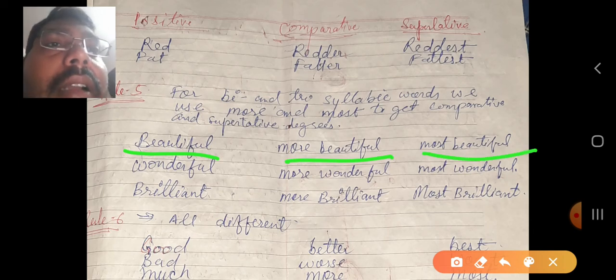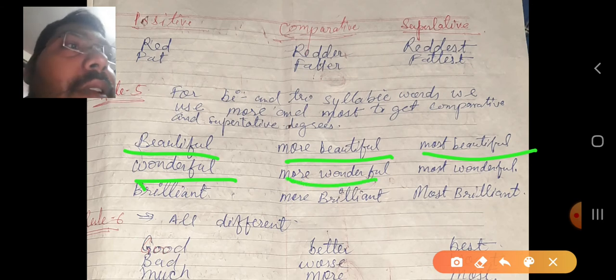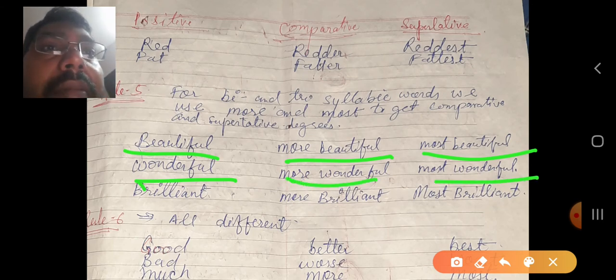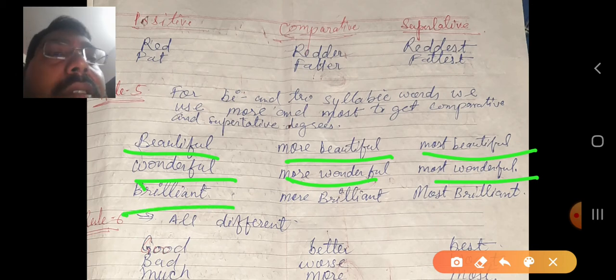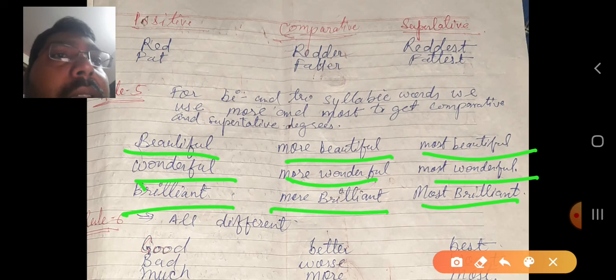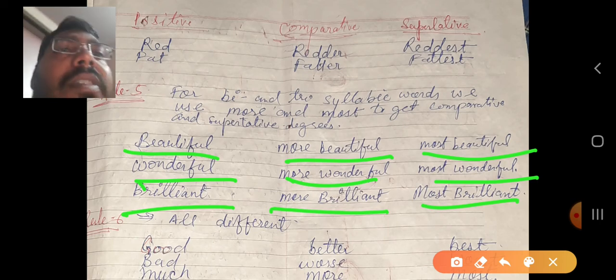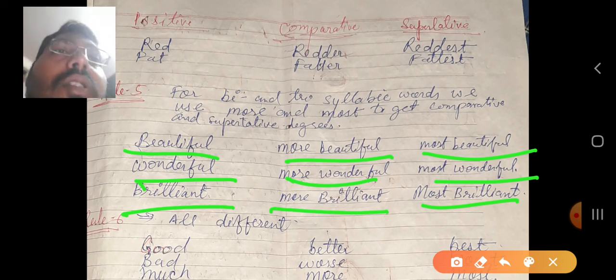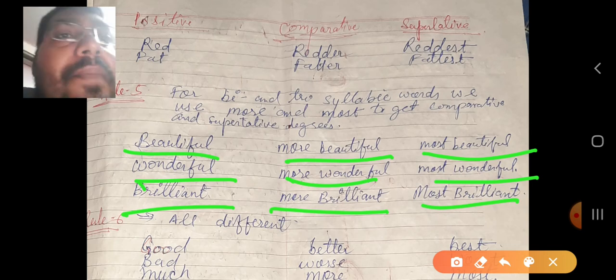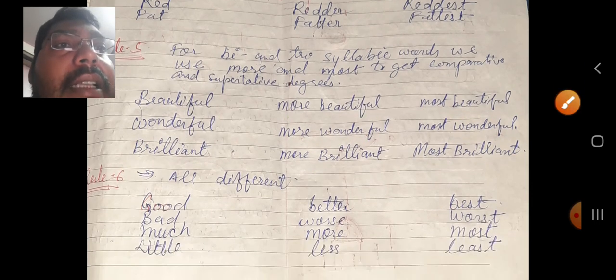Like wonderful, a trisyllabic word: more wonderful, most wonderful. Like brilliant, also a trisyllabic word: more brilliant, most brilliant. So for bi and trisyllabic words, meaning bigger words with two or more vowels, you will use more and most to form the comparative and superlative degrees.